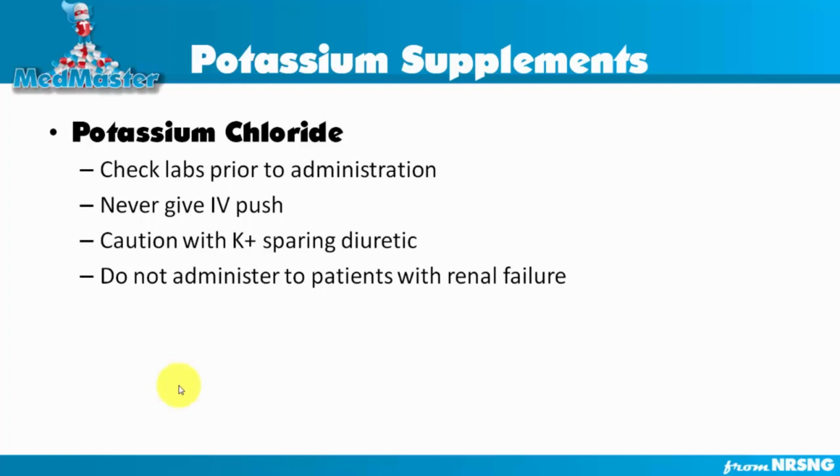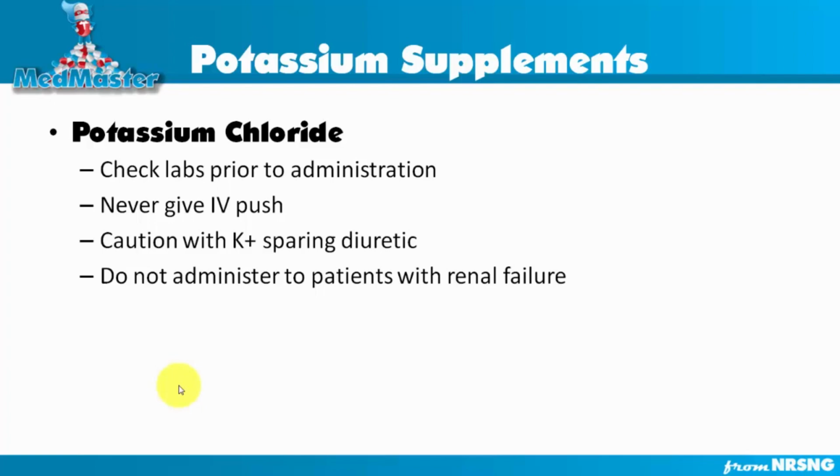If your most recent potassium level is several days old, it would be prudent to draw a repeat potassium level just to see where you're at. If your potassium is already at 5.9 and you're about to give 40 milliequivalents of potassium, you could run the risk of pushing your patient dangerously hyperkalemic. So monitor your labs, check your lab before you give it, and never give IV push.